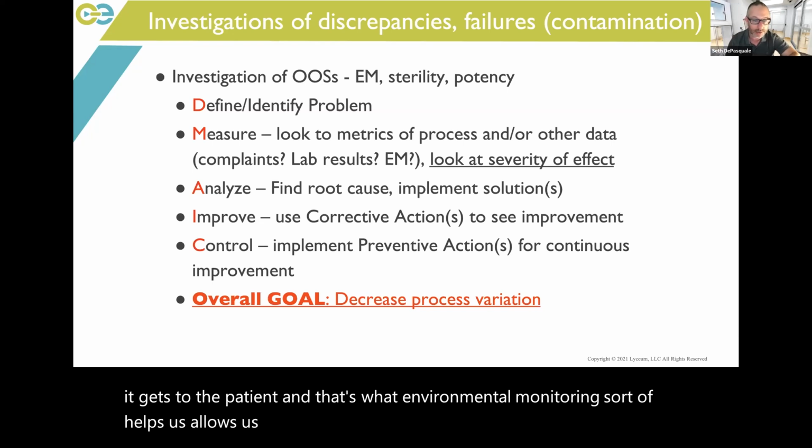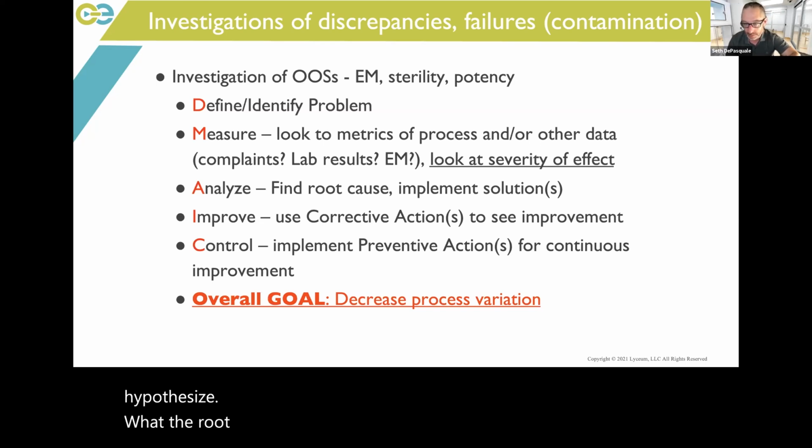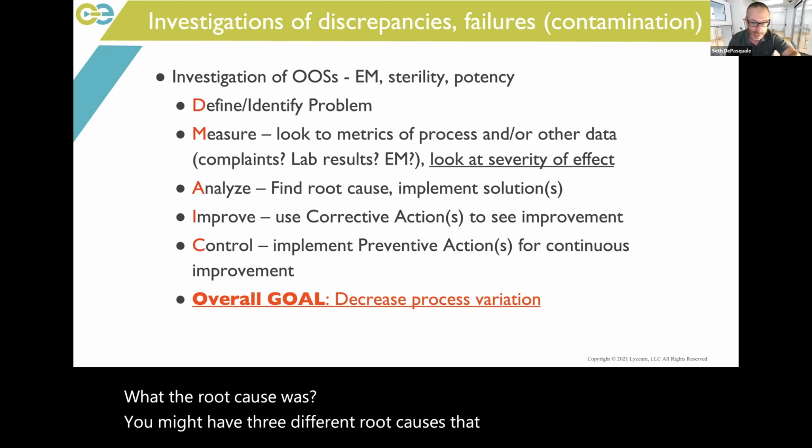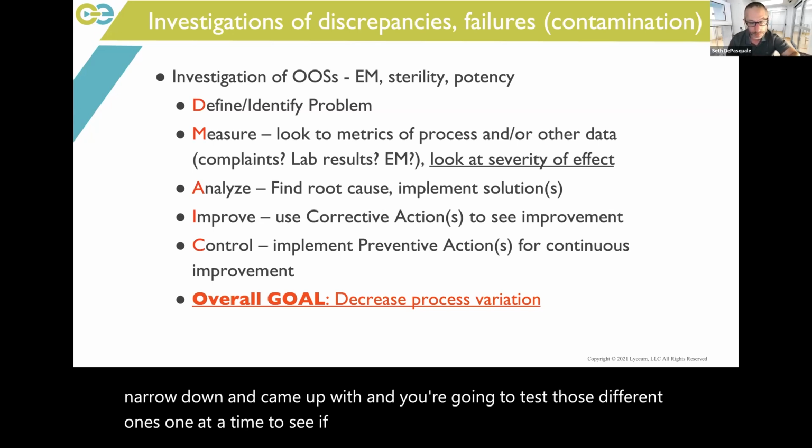Next, analyze. You're going to be finding the root cause and implementing different solutions. You're going to sort of hypothesize what the root cause was. You might have 3 different root causes that you narrowed down and came up with, and you're going to test those different ones one at a time to see if it's actually fixing the problem.